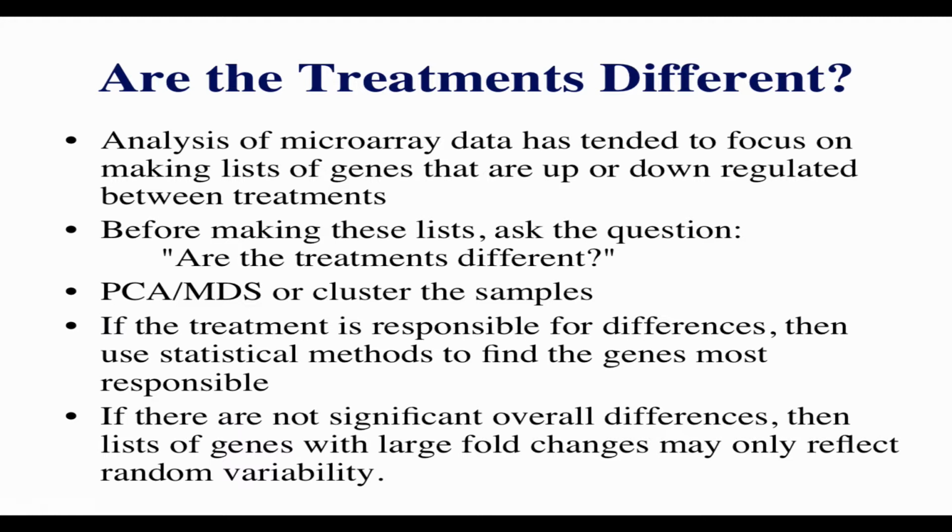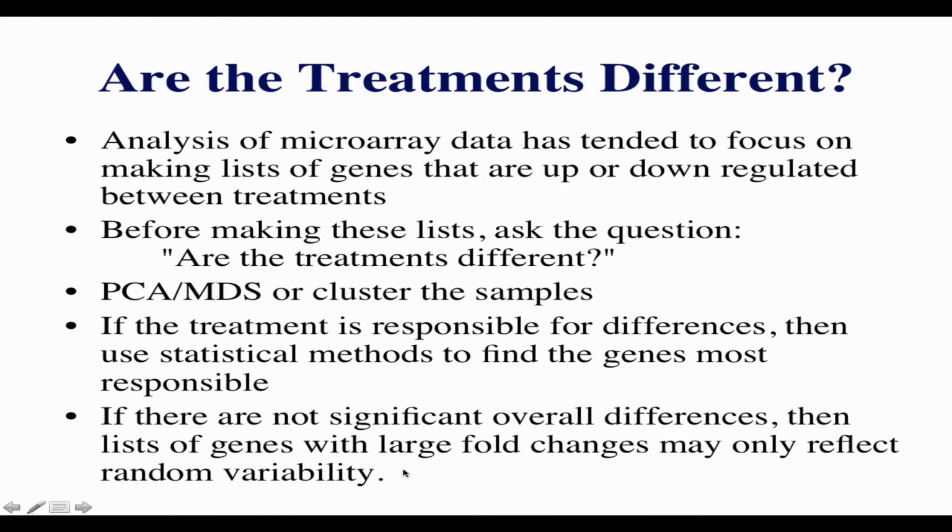If the treatment is responsible for differences that are visible at the gross level of clustering of all the expression, then you have good confidence that when you go in with statistical methods that test each gene for differential expression, the ones that you find with high differences are responsible for the gross effect of the treatments clustering separately. So these are the genes that are primarily driving the difference in expression patterns between treatment and control.